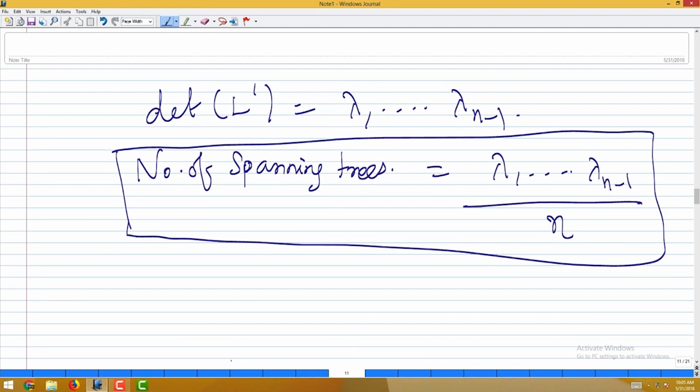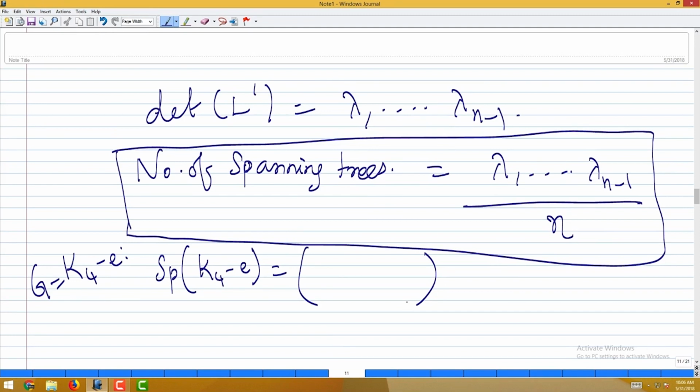So, going back to our example of this K 4 minus e, what are the eigenvalues of the Laplacian? We did it yesterday, K n minus p edges we took. So, what is the spectrum of this? I gave you the answer also there, spectrum of K n minus p edges.